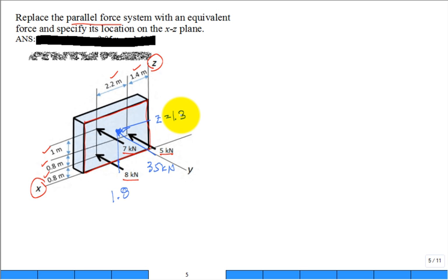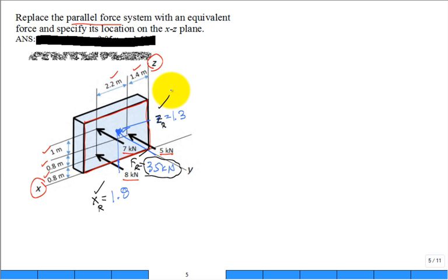I just made those up, but you see what we're trying to do. We're trying to find the magnitude of that single equivalent resultant force and the location in X and Z where it should be applied. Maybe I put a subscript R on there, saying put that resultant force at that location X, and that location Z, and it'll be an equivalent system. So you're looking for three things: the magnitude of F_R, X_R, and Z_R.